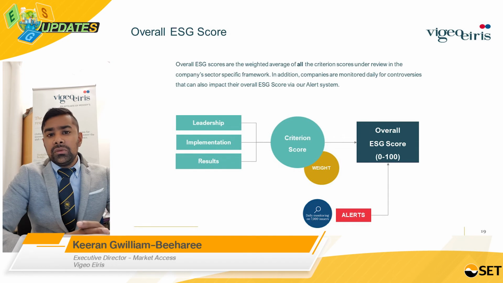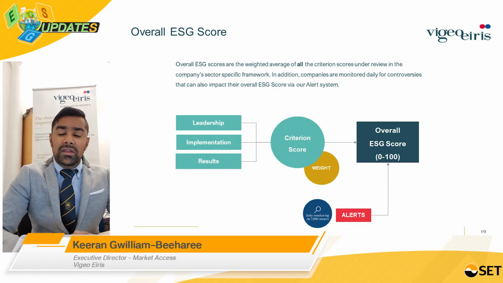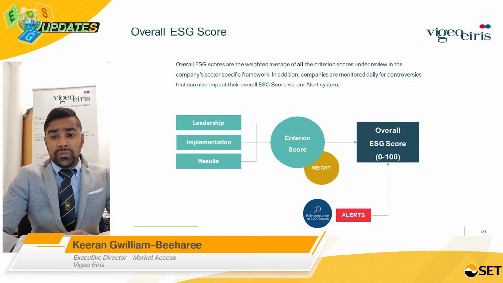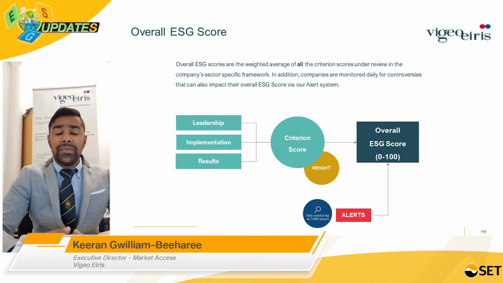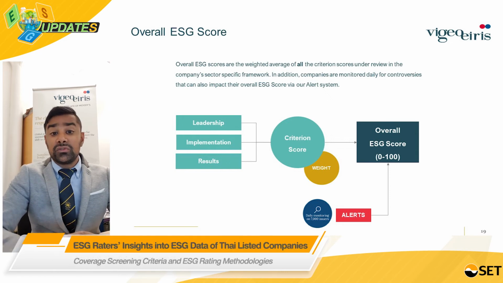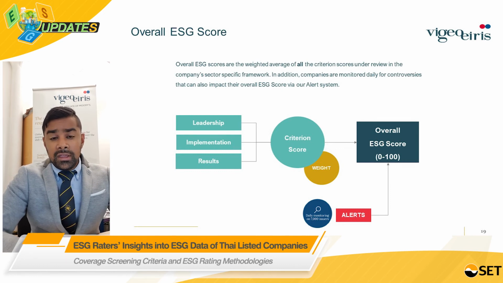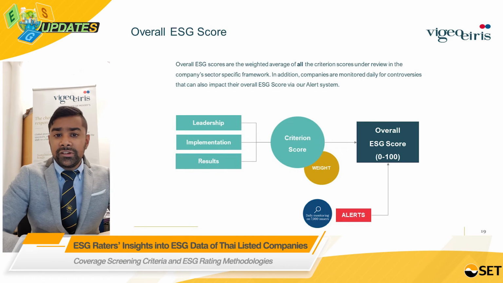Finally, when it comes to calculating and putting together a score, effectively we can look back at the steps that I showed so far in this presentation and walk through them. We take a criterion like water. We assess the company's leadership, its implementation and its results on that issue, and that provides us with a criterion score, and we have alongside that a criterion weight depending on its materiality to companies and to stakeholders.